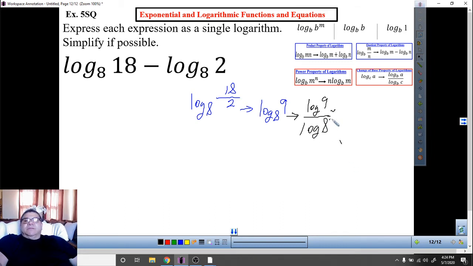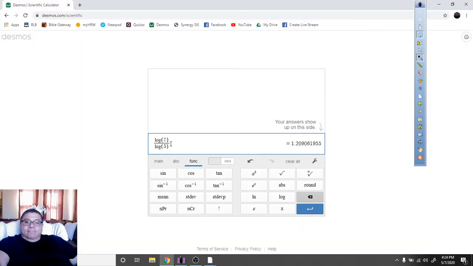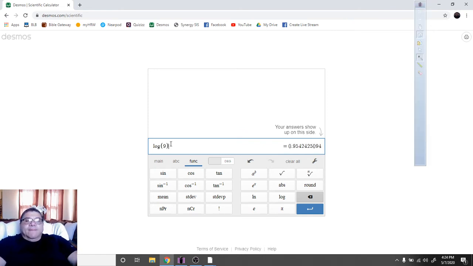And now we just go to decimals and see what we get for that. Let's see. So we got log 9. That one is 0.954.